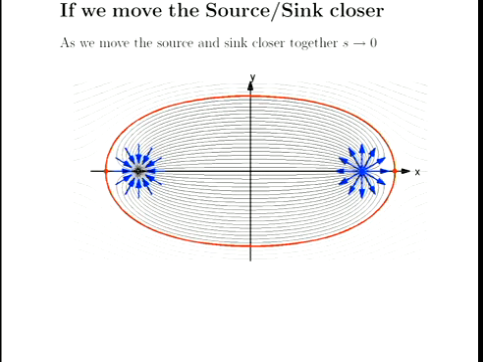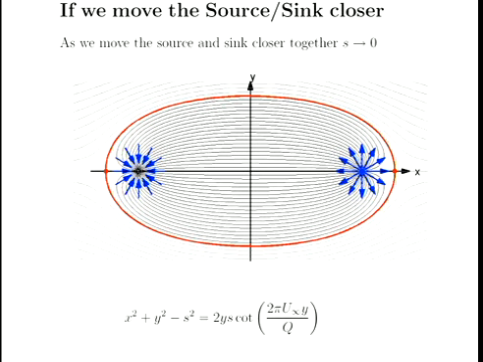Remember that the source was a distance s upstream of the y-axis, and the sink was a distance s downstream of that y-axis. So what I want to do is consider this case where s asymptotes to 0. And you've forgotten it because it was many minutes ago now, but we derived the equation for that red oval shape, that separatrix for the Rankine body.